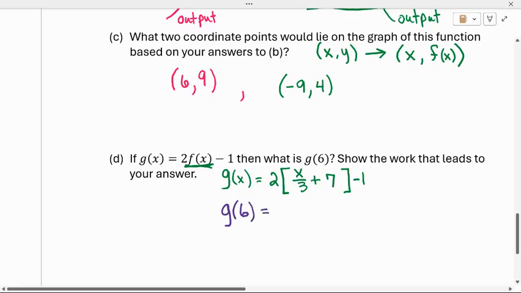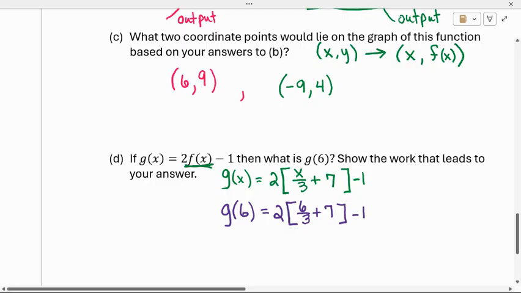So all we're going to do is replace the what with a 6? The x. Yeah, we're just replacing the x. So I have 2 bracket 6 over 3 plus 7. Whoops. I want that to be a bracket.